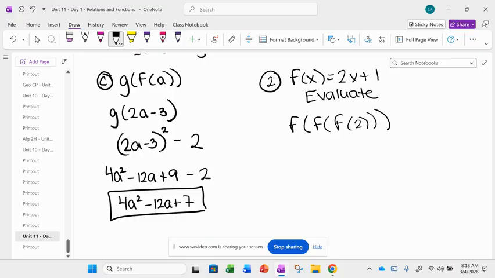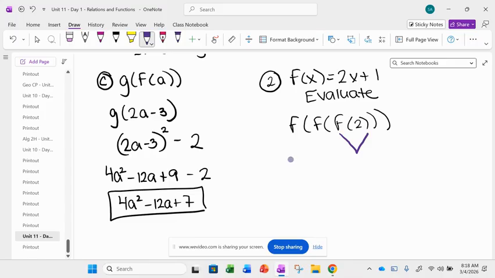Okay, so remember, when there's multiple parentheses, don't we work with our innermost parenthesis first? So we start with f of 2. So what does this mean? I'm going to take that 2. I'm going to sub it in for x in f of x. So I could do this in my head. 2 times 2 is 4 plus 1 is 5. So f of 2 is 5.